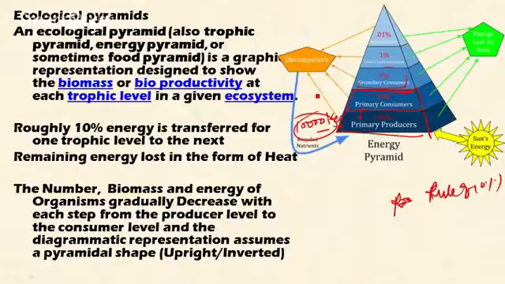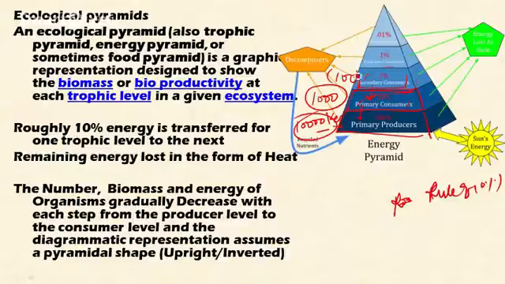10% means 1000 kilocalories of energy, and the remaining energy is lost in the form of heat or for metabolic activities of these animals. This also holds good for the next levels. If the secondary consumers attack the primary consumer and eat it, they get 10% of this energy, that means only 100 kilocalories, and the remaining is lost as heat and metabolic activities.